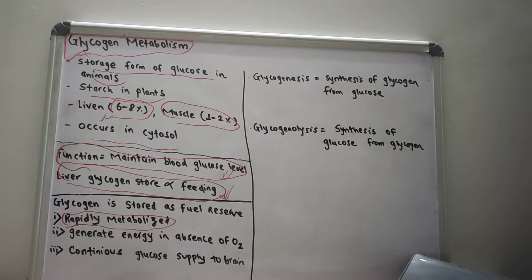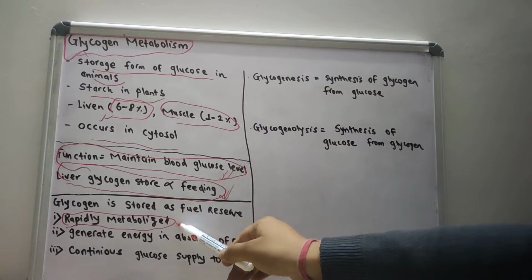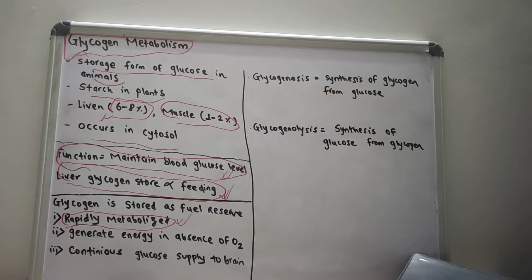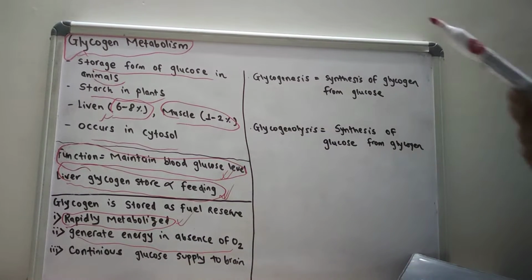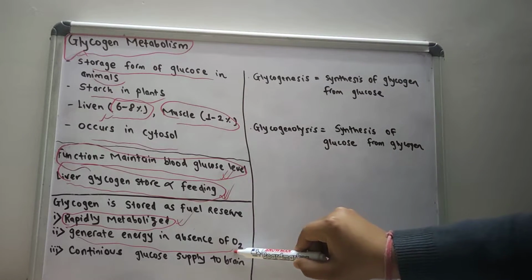One might think that the substance which can be rapidly metabolized and rapidly converted to energy will be the one that is used. And glycogen can generate energy even in the absence of oxygen, but fat needs oxygen for energy production and can't produce glucose.